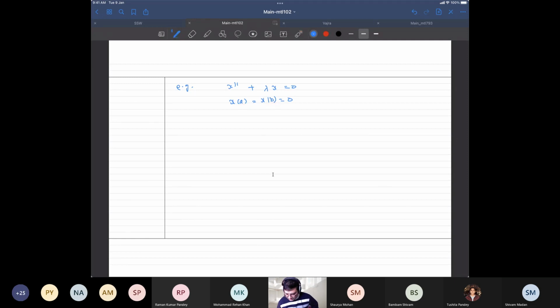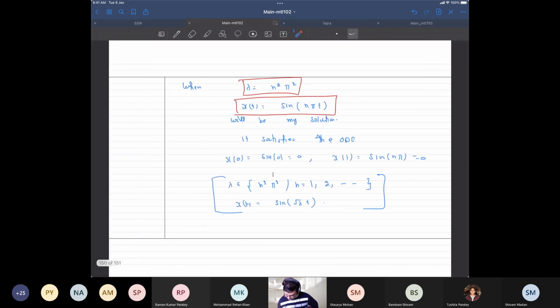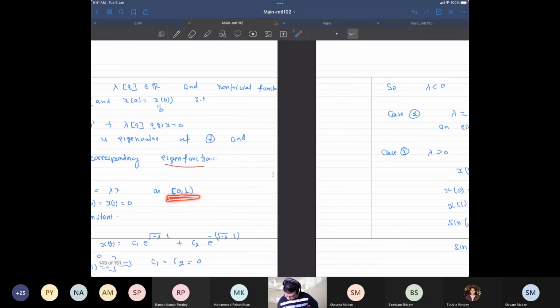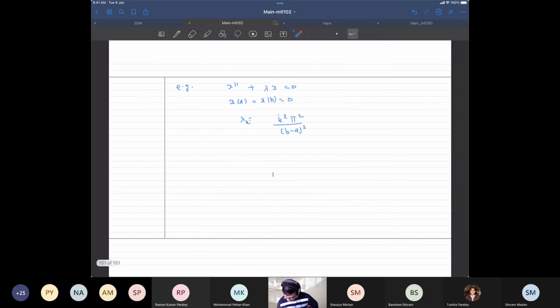So when you do that, your eigenvalues will be lambda n equal to n square pi square over b minus a square. So there is a scaling factor. This is the scaling factor when you go from a domain 0 1 to a b.